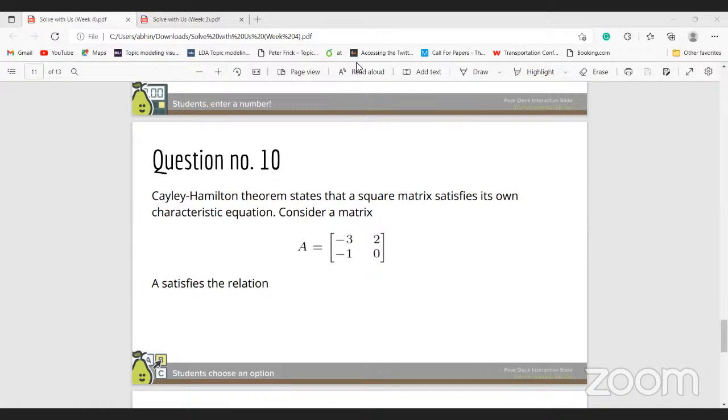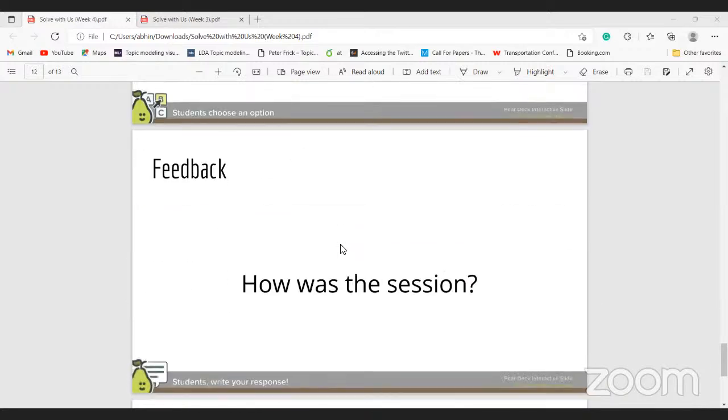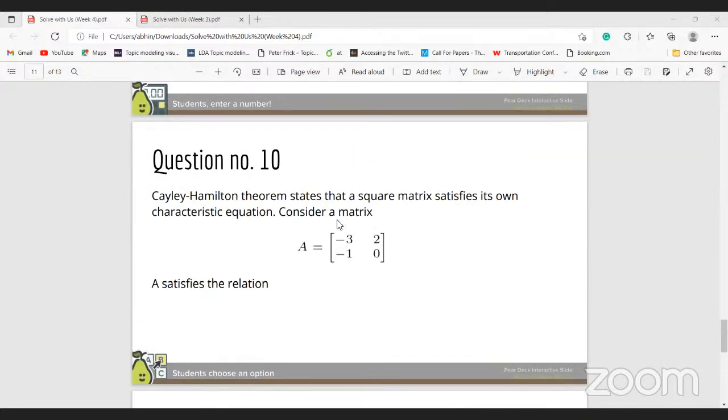And this property is very useful when you are finding the powers of a matrix. And then we can multiply by A transpose also, sir. Yeah, you can do whatever you like to.